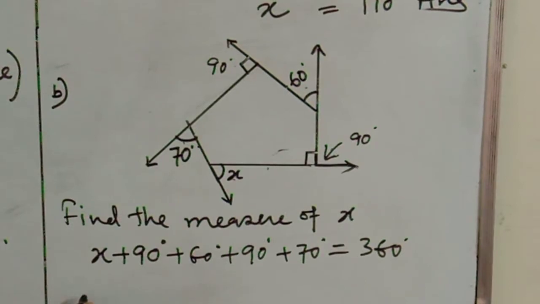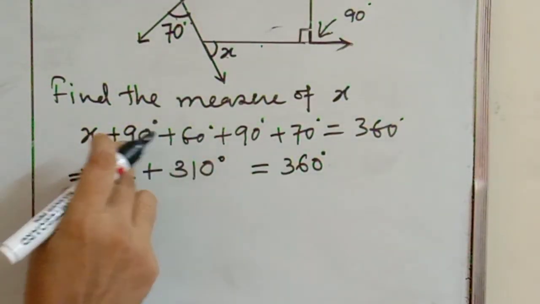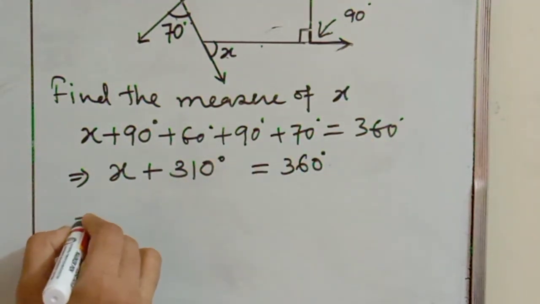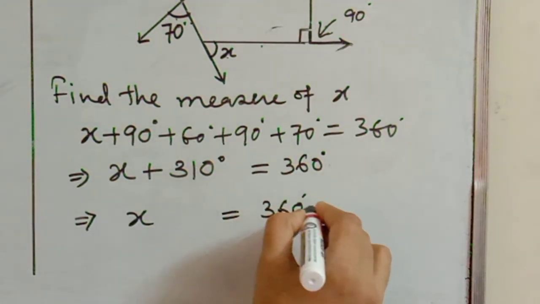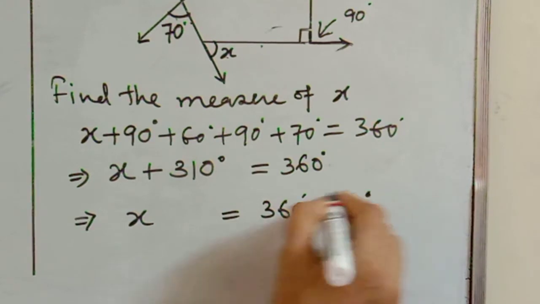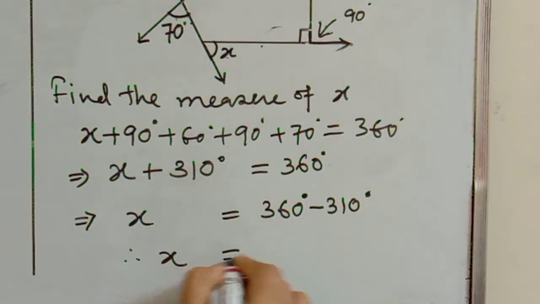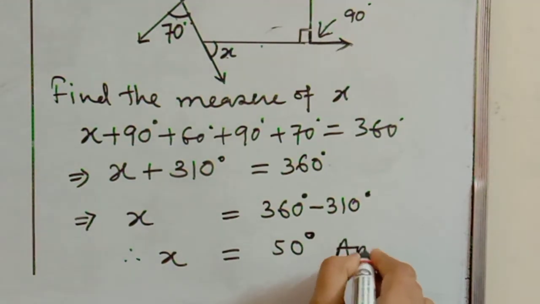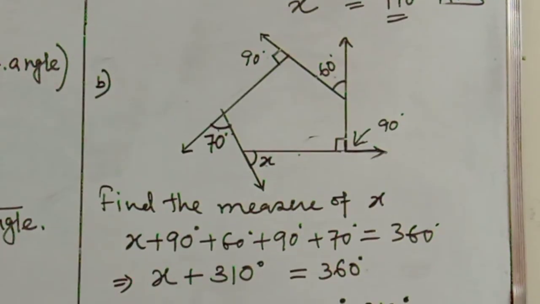So x plus 90 plus 60 plus 90 plus 70 is equal to 360 degrees. Now add these: x plus 310 is equal to 360 degrees. Therefore the value of x is equal to 360 degrees minus 310 degrees. So the value of the unknown angle is 360 minus 310, which means 50 degrees. These two sums are easy, but you need to practice. Thank you, students.